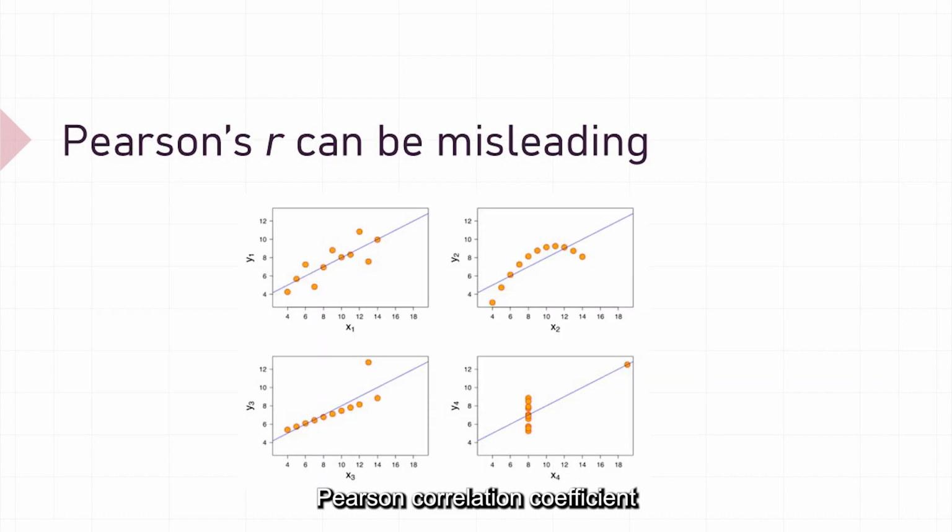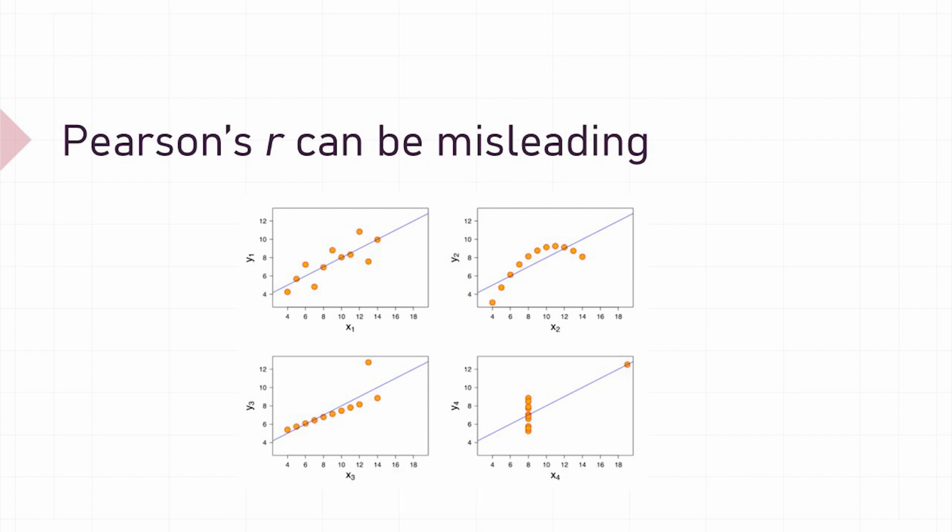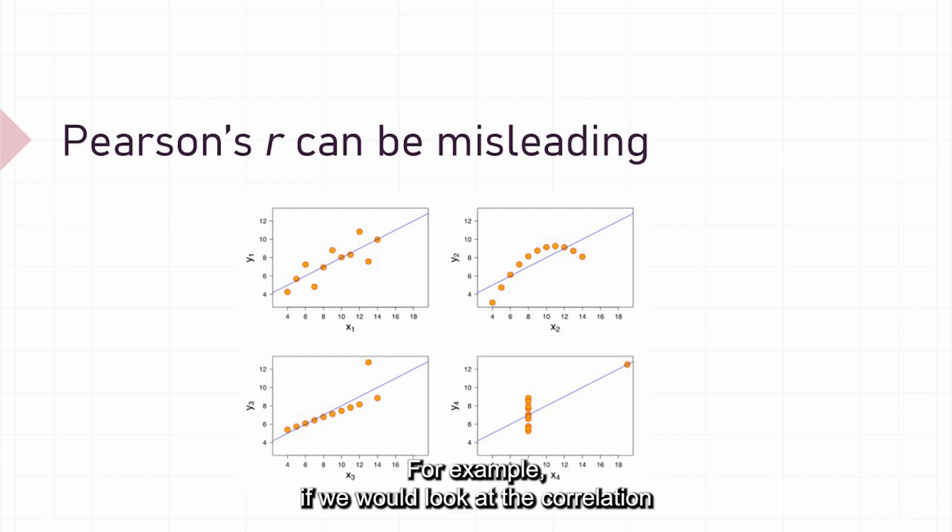The Pearson correlation coefficient that was used in this example is only good for linear relationships, and nonlinear data are very common in psychology. For example, if we look at the correlation between depression level and the amount of sleep, we will not see a linear relationship, but rather a U.